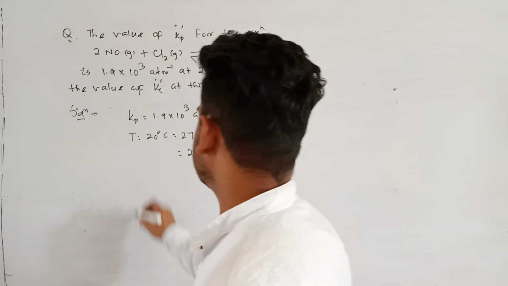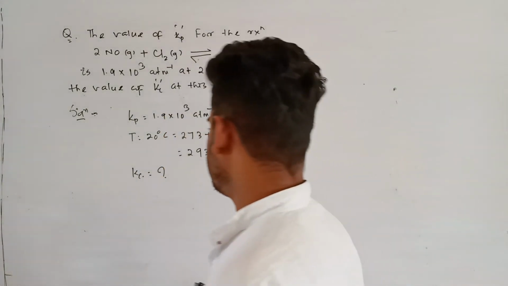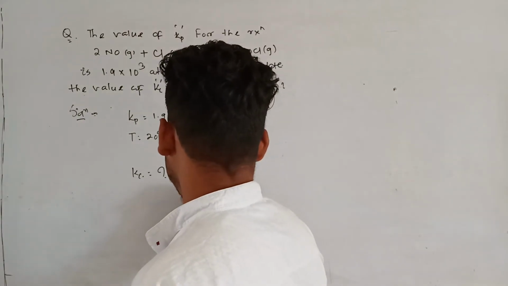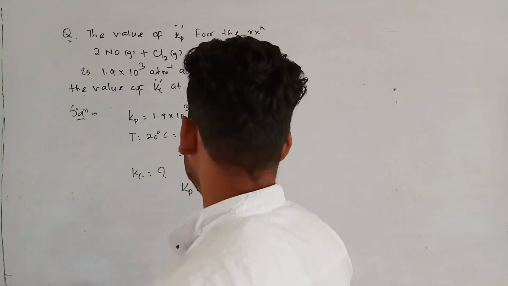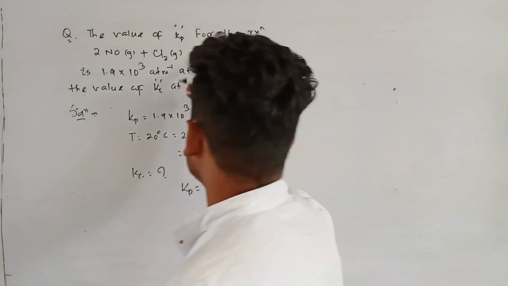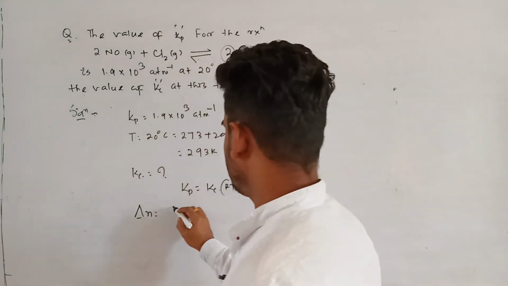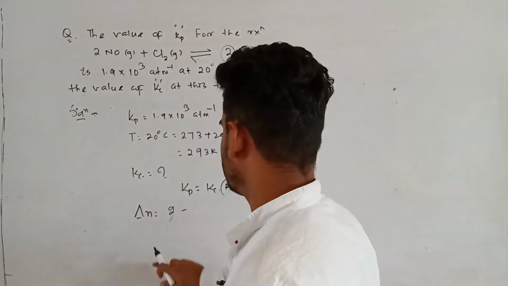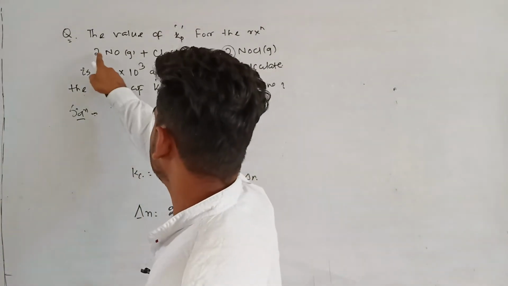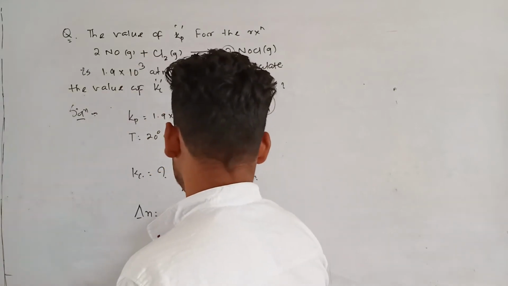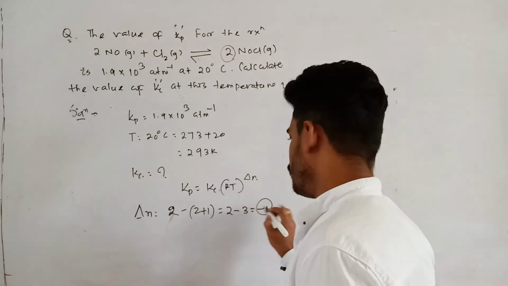Calculate the value of Kc for this reaction. You know the relationship that Kp is equal to Kc into RT to the power del N. So what is del N over here? Look at this reaction: del N is the number of moles of product, 2, minus the number of moles of reactant, 2 plus 1, that is 2 minus 3, equal to minus 1.